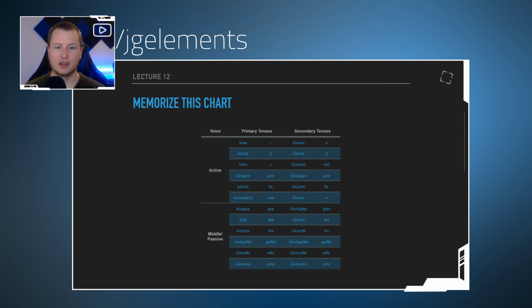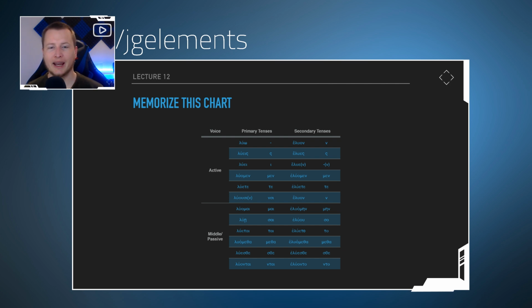So that's the primary active. Then the primary middle passive, leome, lei, leitai, leometha, lieste, leonte. And in the second column, you have the primary middle passive endings. Me, se, te, metha, ste, nte.